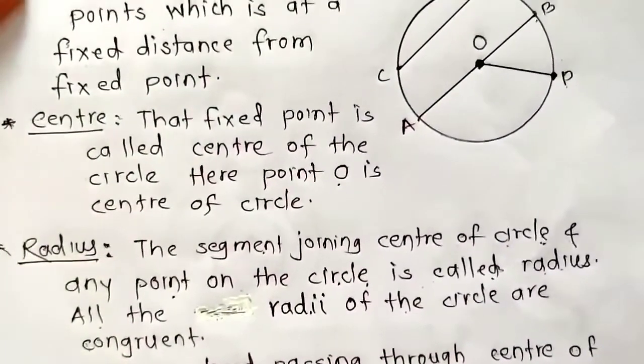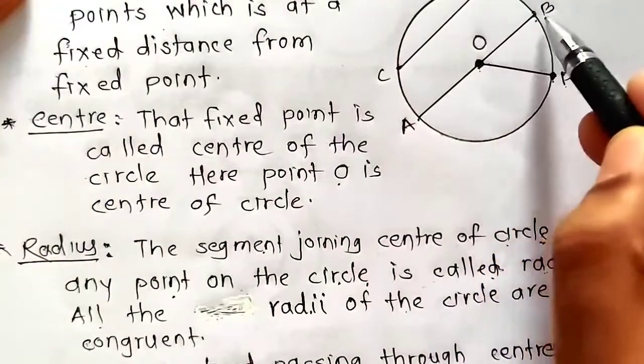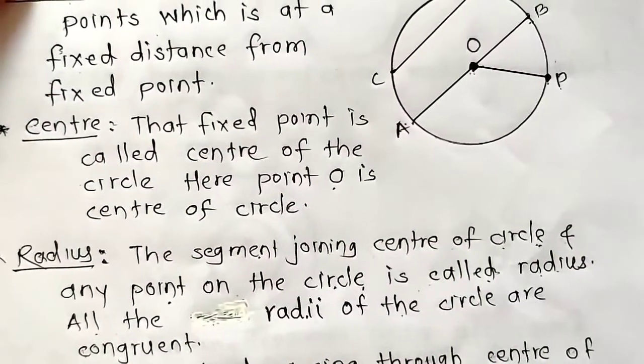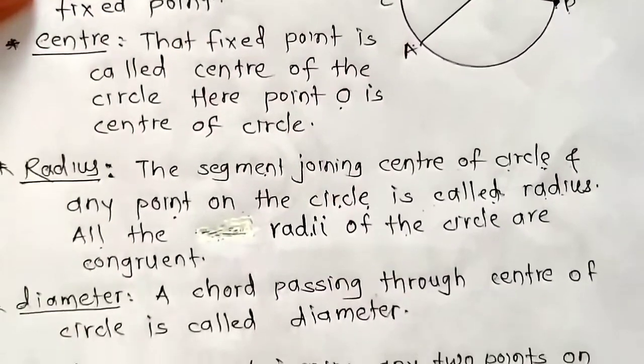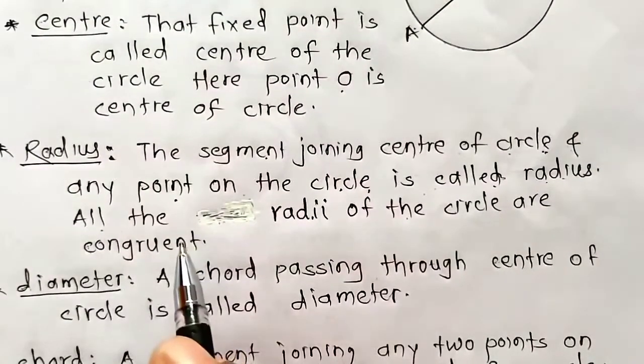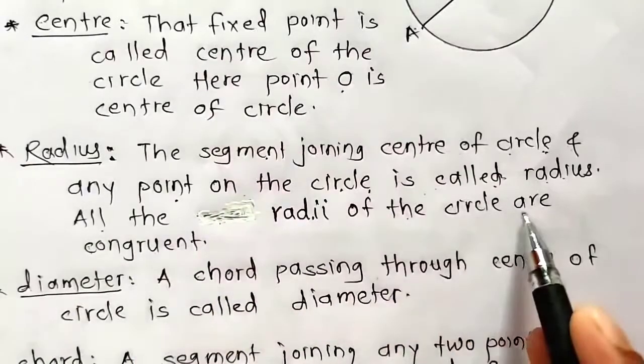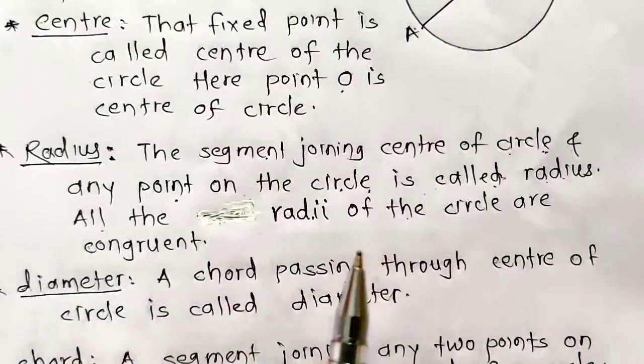In this figure, OP, OB, OA, all are radii of the circle. And remember one important property of radius: all the radii of the circle are congruent.